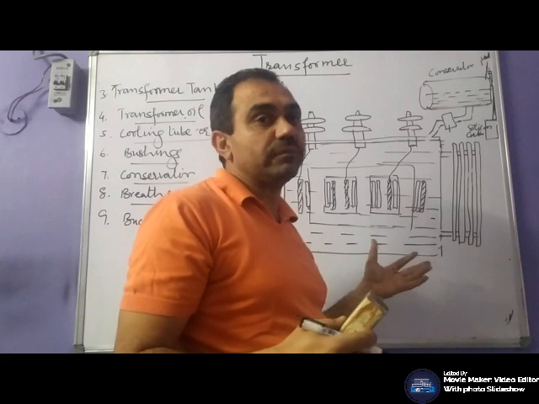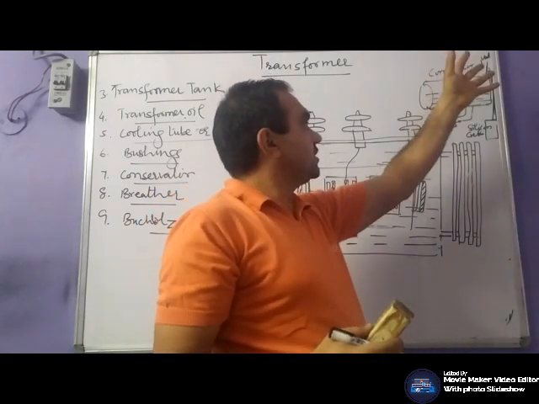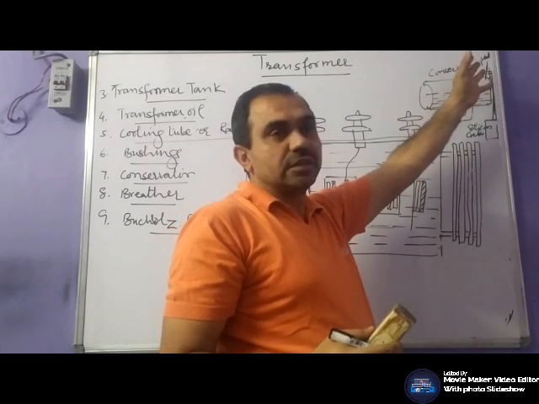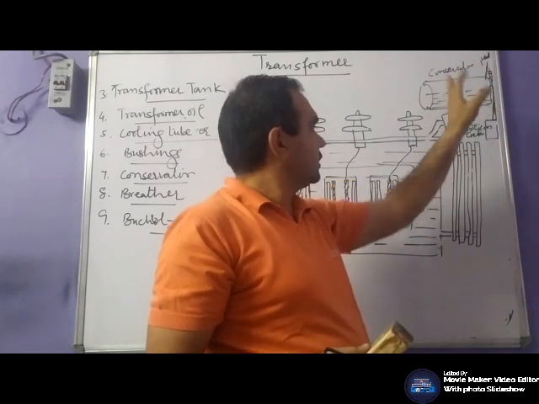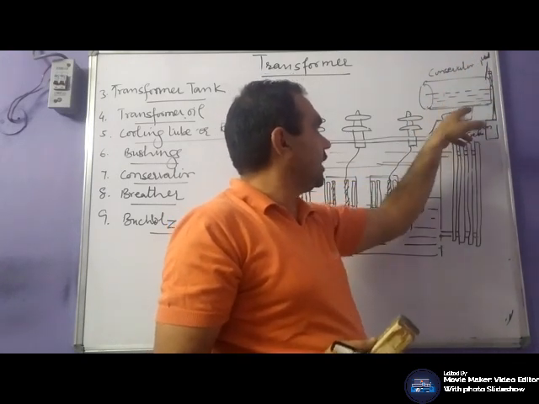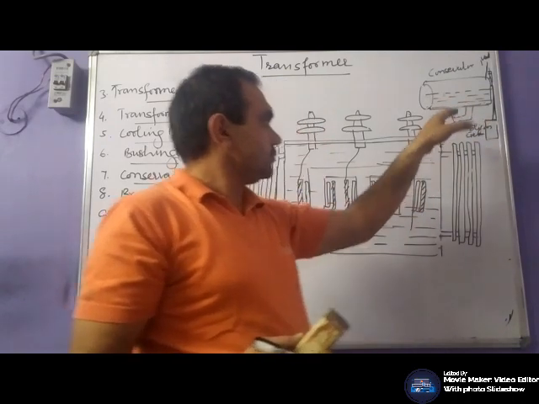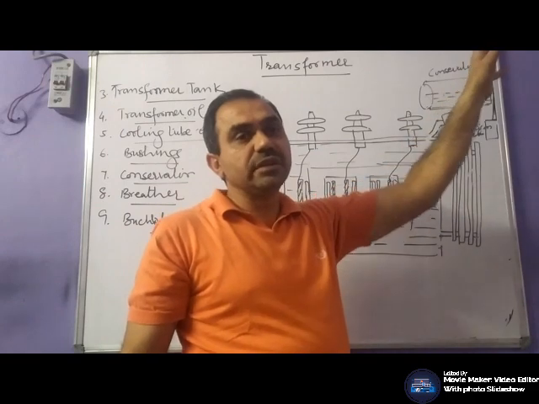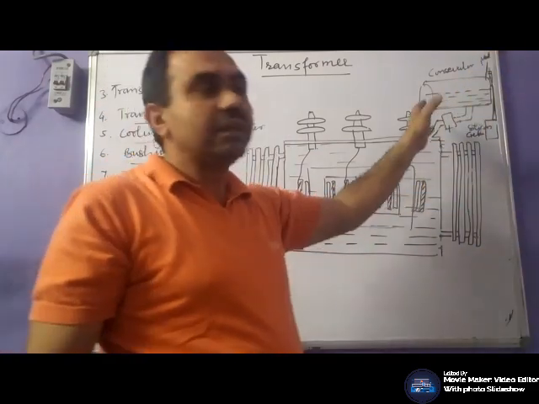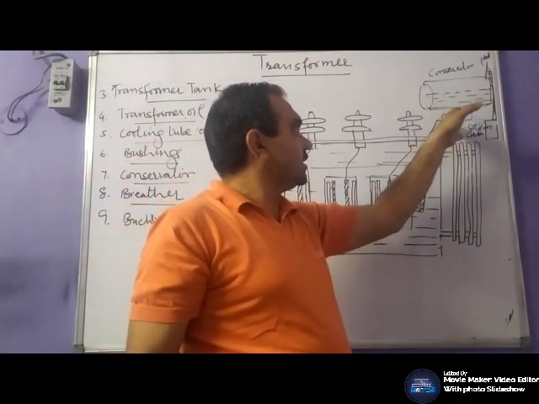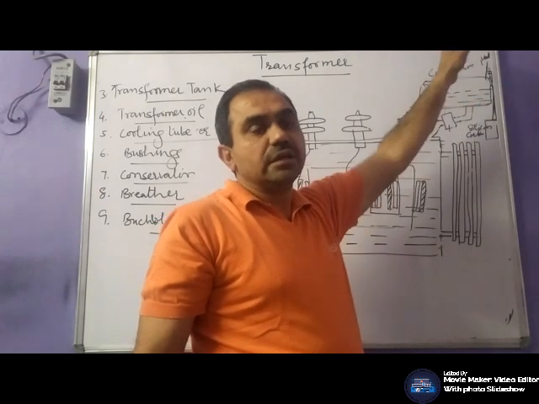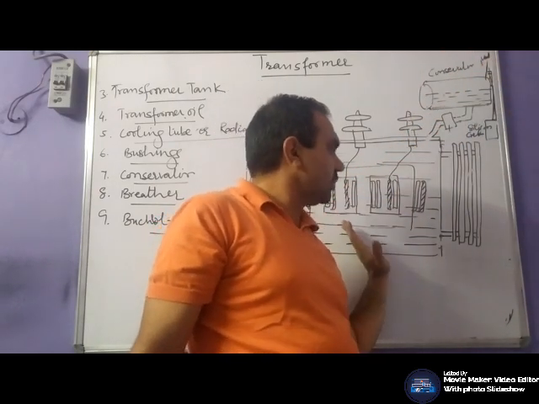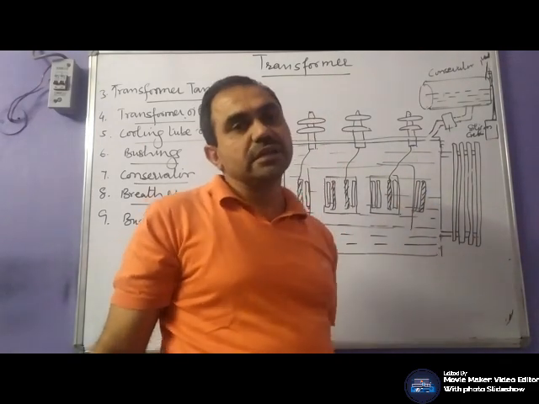A lot of heat develops, and this heat expands the oil quickly towards the conservator tank. When this movement happens, the Buchholz relay operates and gives an alarm signal, or gives a signal to the protective device, so that the transformer can be disconnected from the supply.